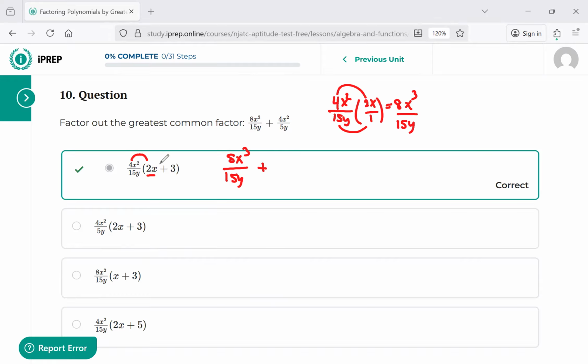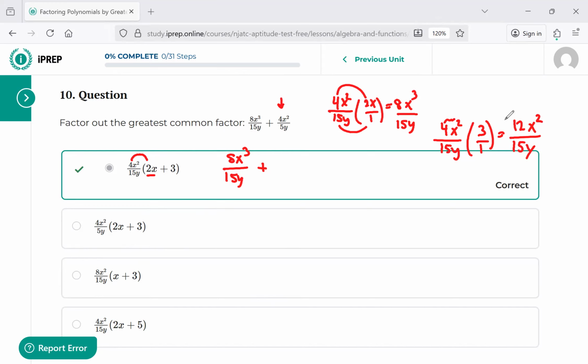Now, what about the second term? 4x squared over 15y times 3 over 1. So what's 4x squared times 3? 12x squared, right? 4 times 3 is 12. And then you have that x squared. And then on the bottom, what's 15y times 1? 15y. But shouldn't we get this answer?